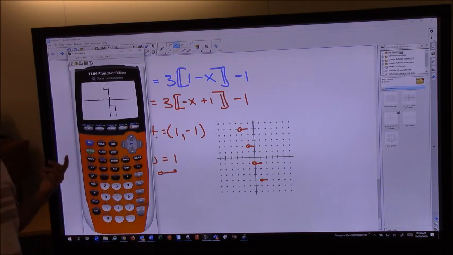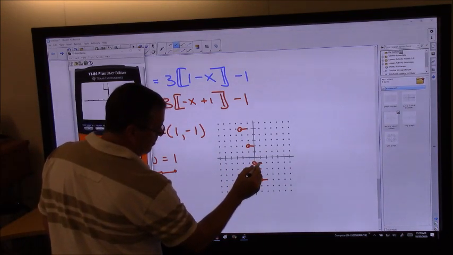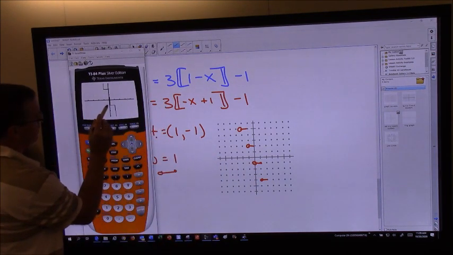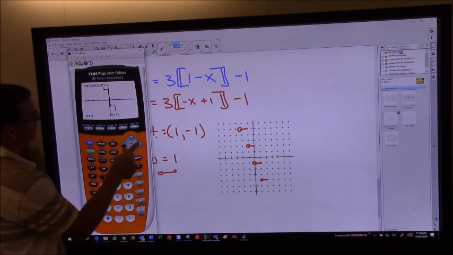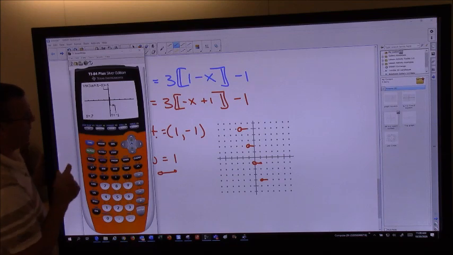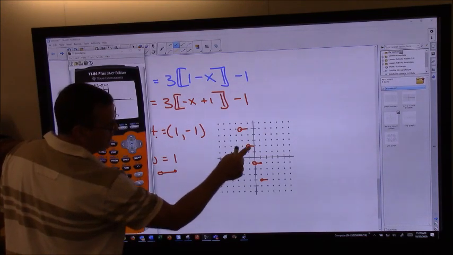Okay, and I hit graph. Now, the calculator isn't going to show us where the open circles go. Right? It's not going to draw that picture for us. What I do see is I've got a step right here at 1, -1, and it goes to the left, and there should be an open circle right there. So if I hit the trace button, see, there's that step. What I want to see is when I get to 0, I'm bumping up to this step.